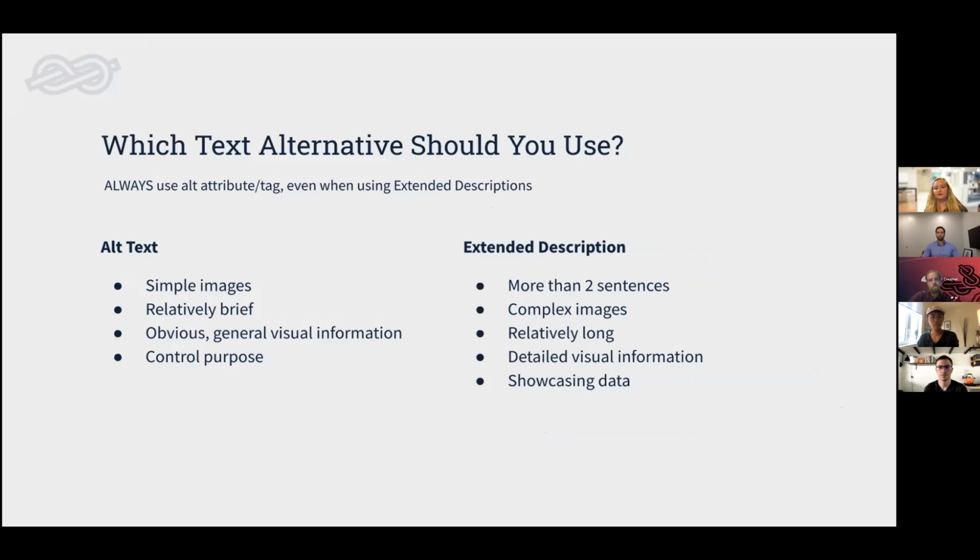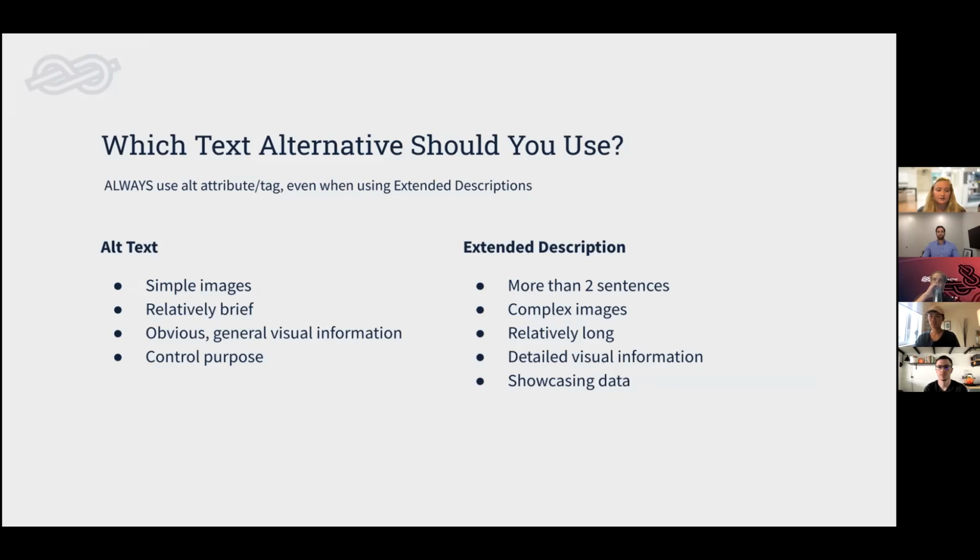So which text alternative should you use? It's super important that even if you're using an extended description, you always use an alt attribute, alt text, because that alt text is still important to showing the user what the image is of. While the extended description does go into more detail, the alt text is still very important.